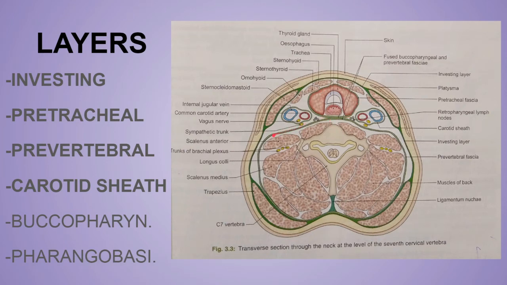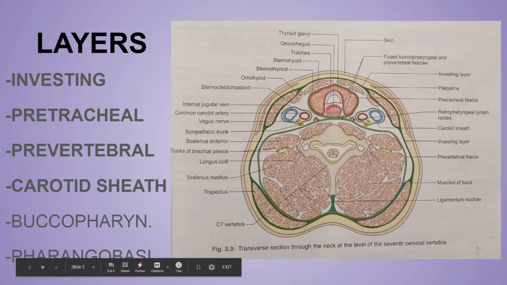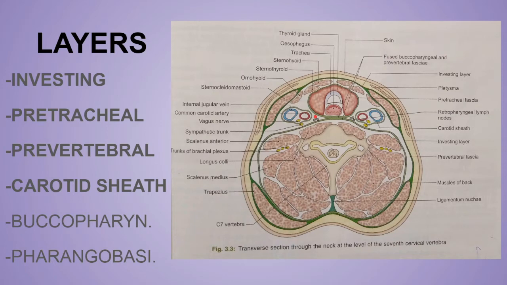Behind the retropharyngeal space we have the buccopharyngeal fascia. This is the carotid sheath, and the pharyngobasilar fascia is present deep to the pharynx, so it's not visible over here. So this was the overall view of the cross section of the neck.